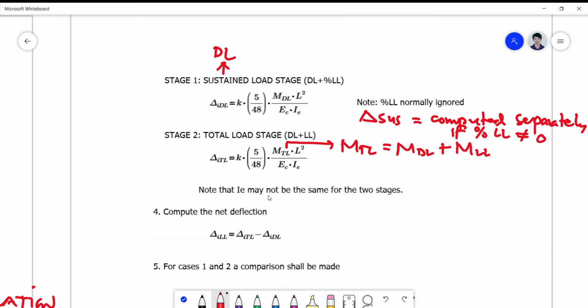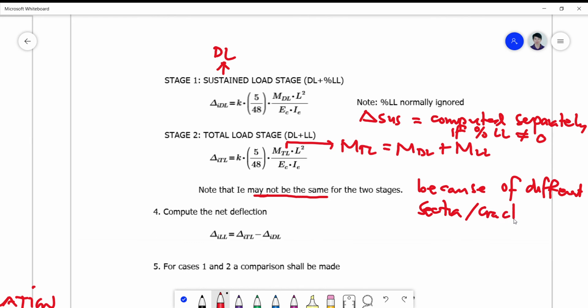So they may not be the same. Okay, so the reason why is because of different section, crack and reinforcement patterns.